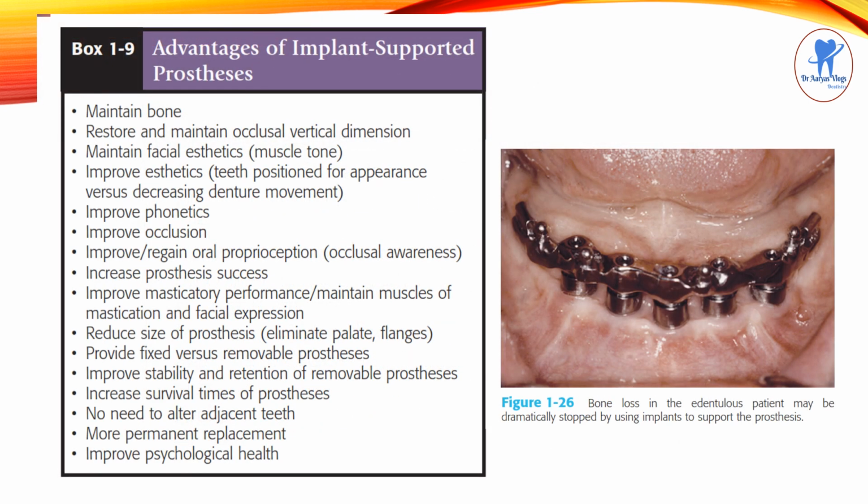And coming to the advantages of implant supported prosthesis. Here the bone loss in the edentulous patients may be dramatically stopped by using implants to support the prosthesis. So what are the advantages?